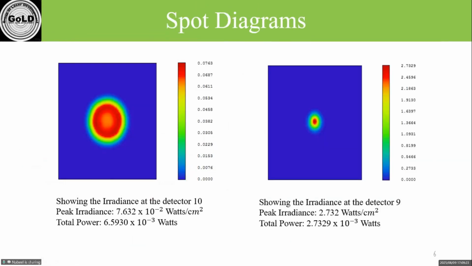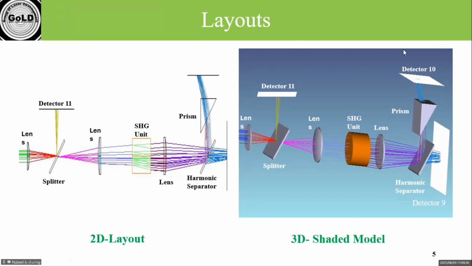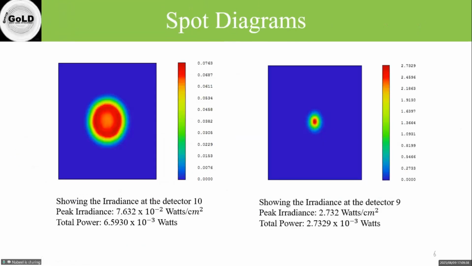And these were the spot diagrams I was getting at the detector. Here, one second. This one is detector 9 and this one is detector 10. And these were the powers which we were achieving.